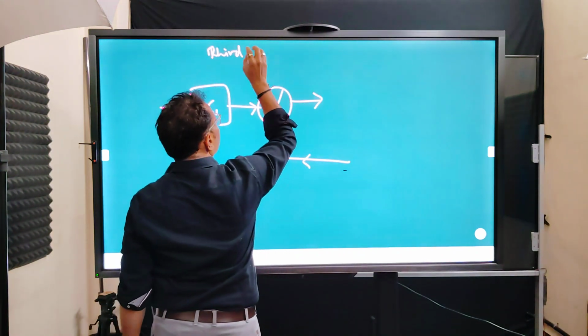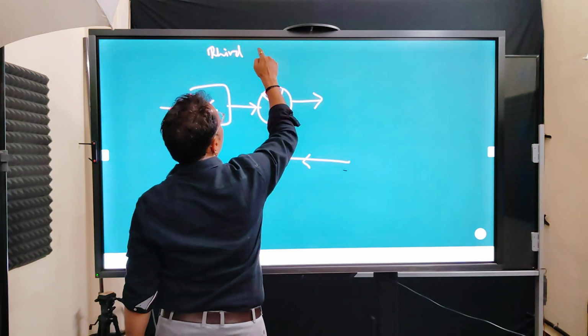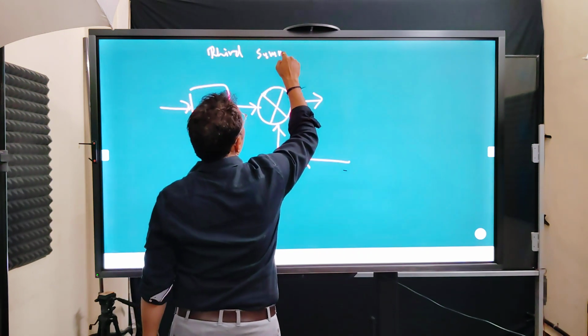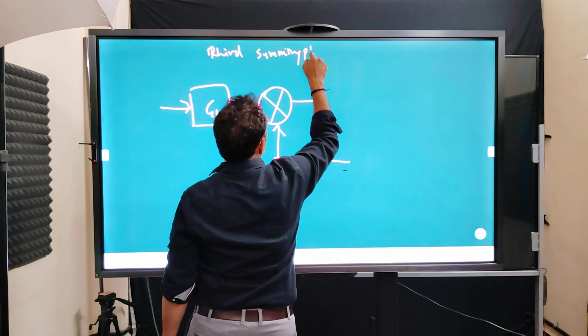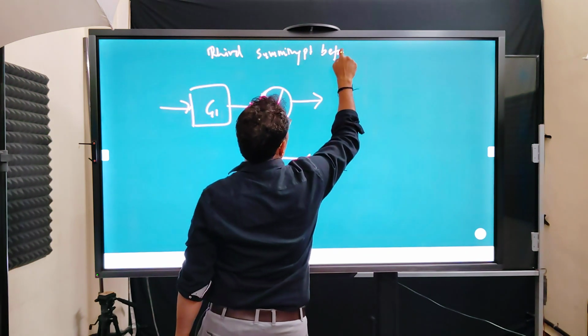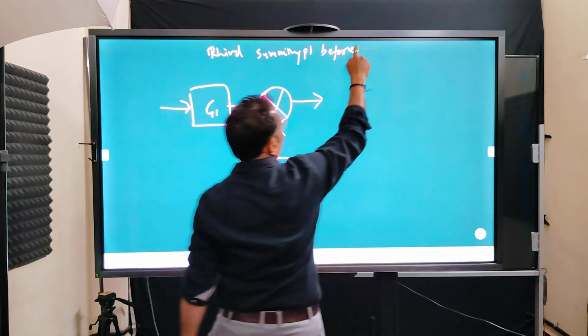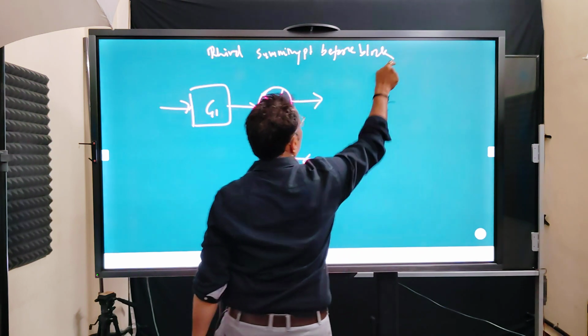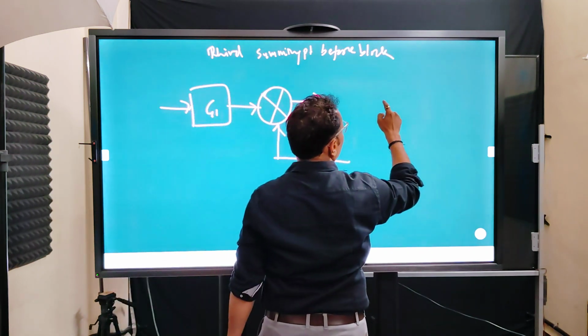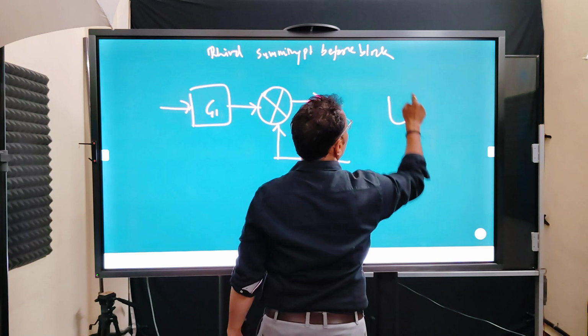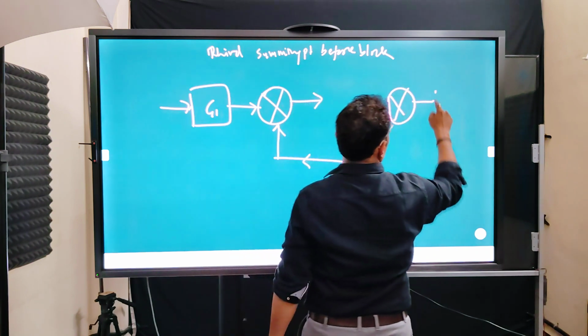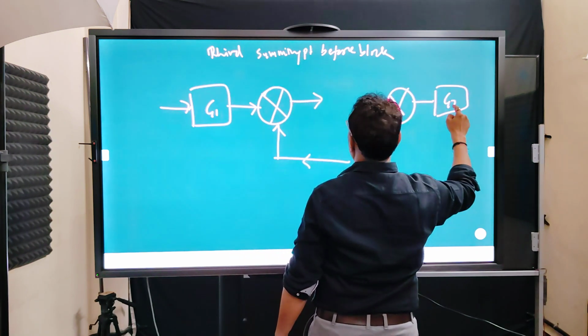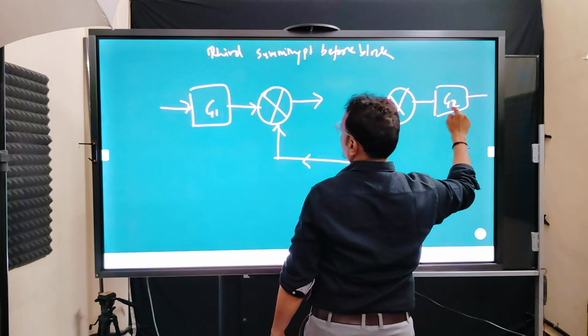Basically the important point is that we wanted to move the summing point before the block. So in that case what we have done is moved the block G1.